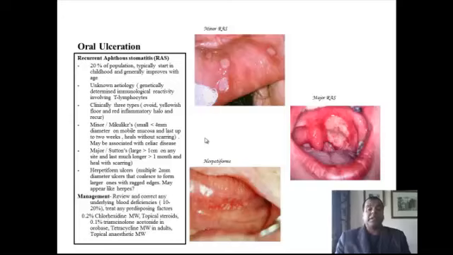Clinically there are three types as mentioned, but management will revolve around review and correcting any underlying blood deficiencies, which can occur in 10 to 20% of the cases. Treat any predisposing factors, use 0.2% chlorhexidine mouthwash, topical steroids occasionally, 0.1% triamcinolone acetonide in oral base, tetracycline mouthwash in adults, or topical anesthetic mouthwash for supportive therapy.